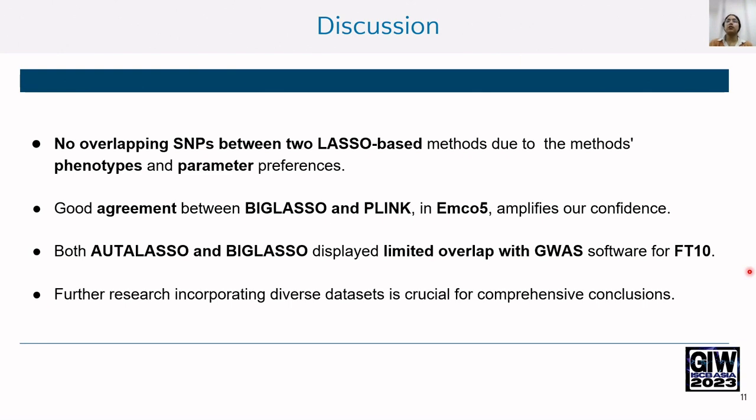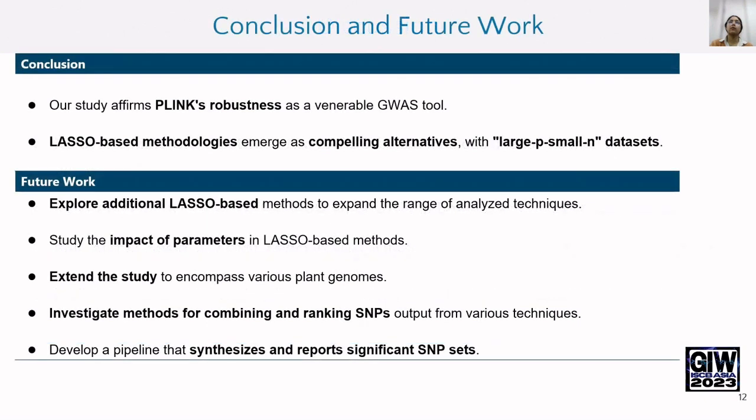Our validation of reported SNPs showed that some of the SNPs reported by Big Lasso and Iota pointed to the genes that are closely related to the phenotype. For Big Lasso, as we converted FT10, the quantitative phenotype, into binary values, that may influence the results as well.